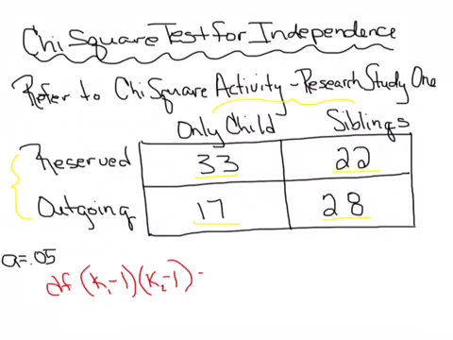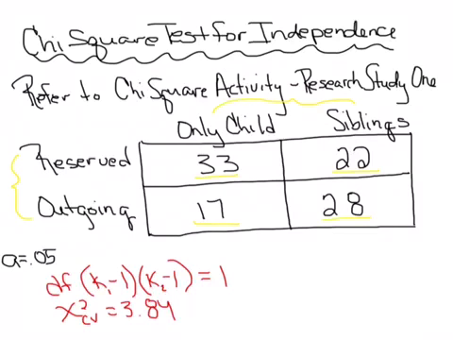So with this, 2 minus 1 is 1, 2 minus 1 is 1, so our degrees of freedom is 1. We looked that up at 0.05, and you should end up with a chi-square critical value equal to 3.84. So this is our critical value that we're going to be testing against.